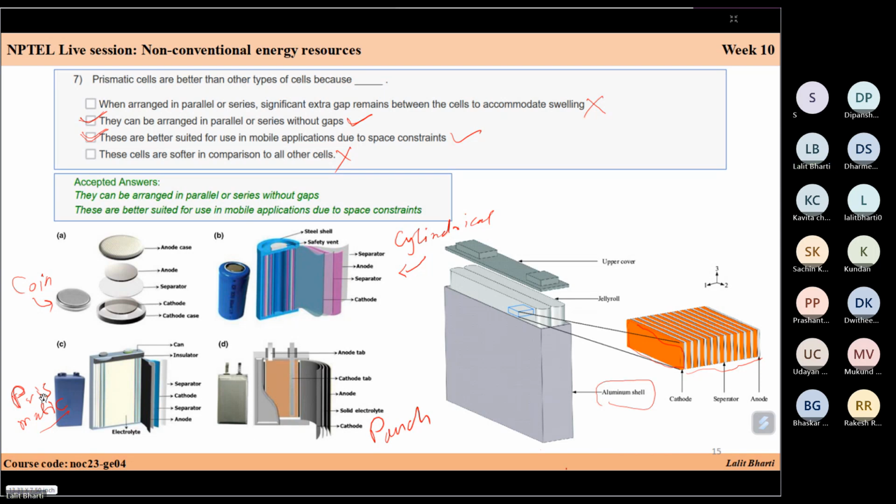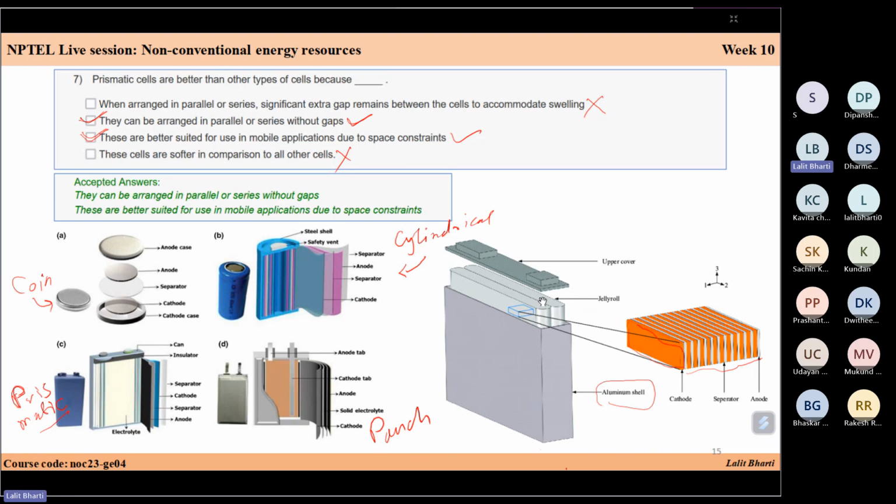Then this is your prismatic cell. Prismatic cell means again you have a closed packing. So you have filled electrolyte, then separator, cathode, separator, and anode, multiple layers of separators, cathode and anode. So it is a kind of dense.